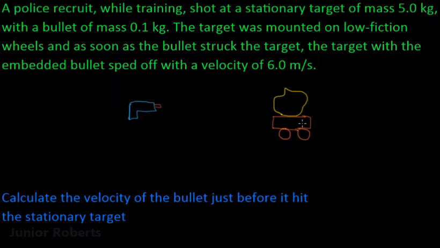As a result, both the bullet and the target sped off, the question said, with a velocity of 6 meters per second. So we want to know the velocity of the bullet just before it hit the target.